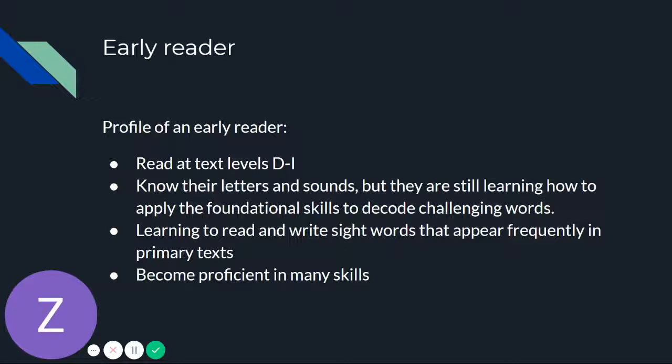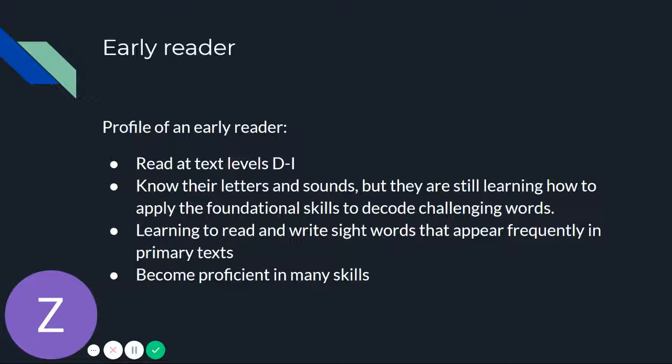That means they should be pretty good at matching, using pictures, and reading from left to right at this point. Early readers also become proficient in the following skills and strategic actions as they progress through text levels.